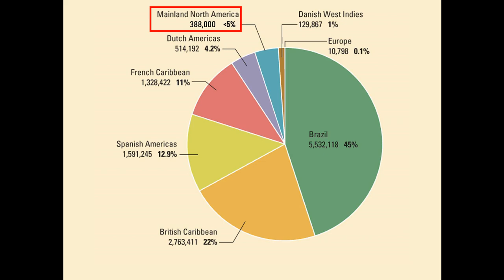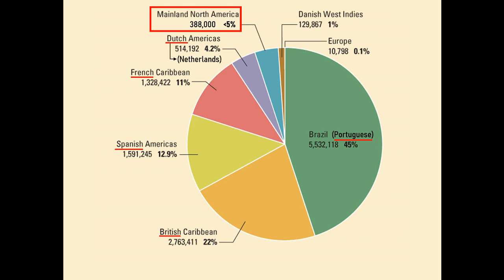The other useful thing about this chart is that it helps to identify the main European powers that were involved in the Atlantic slave trade. If you know that Brazil was a Portuguese colony, you should recognize that the Portuguese did by far the most slave trading, followed by the British, Spanish, French, and then the Dutch, who, by the way, are from a country called the Netherlands.